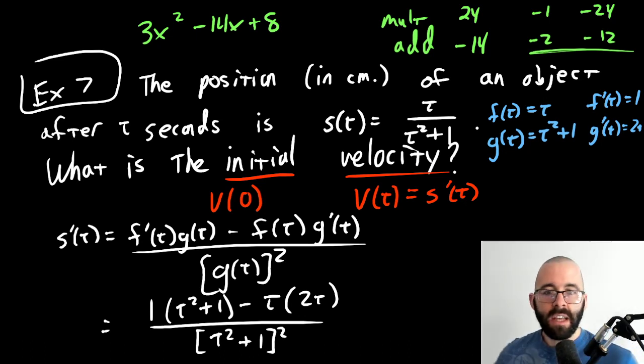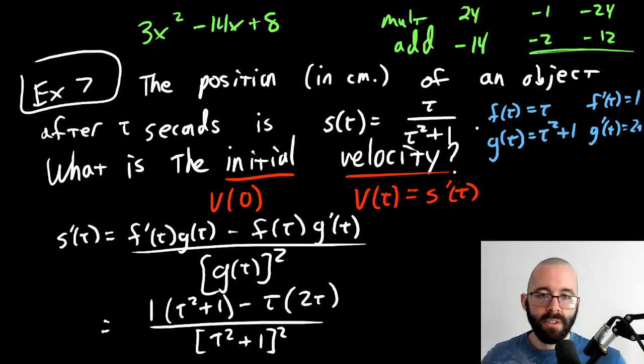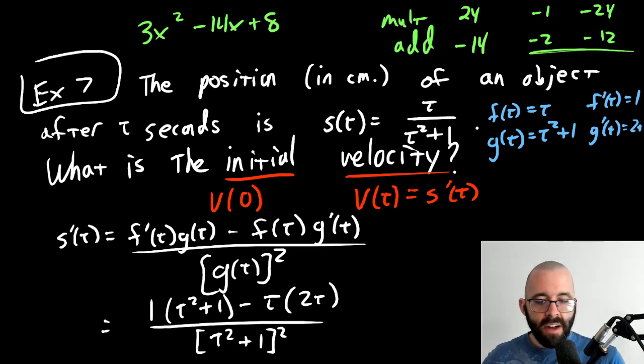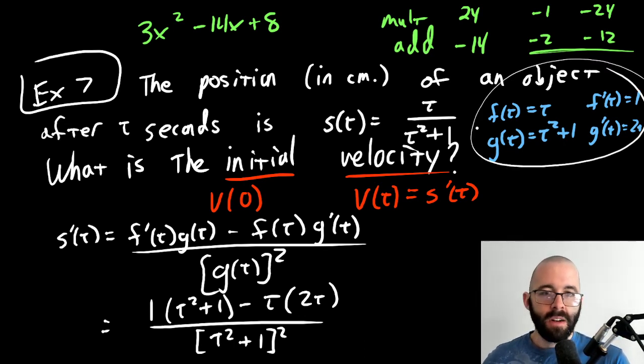Now, if I actually asked you to find the velocity function, you'd have to keep simplifying this. But we only care about the velocity after 0 seconds. And in fact, we didn't even need all of this. We could have just used f at 0, g at 0, f prime at 0, g prime at 0. We only care about at 0 in this case.